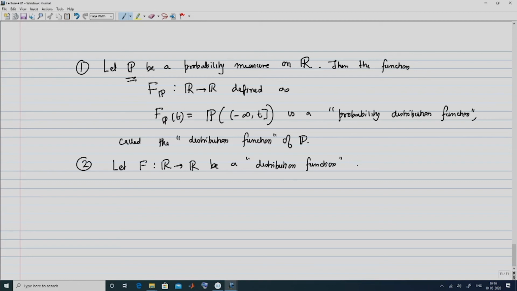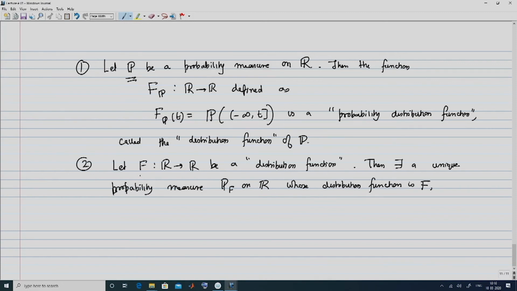So, let f be a distribution function. Then there exists a unique probability measure P_f on R whose distribution function is f.